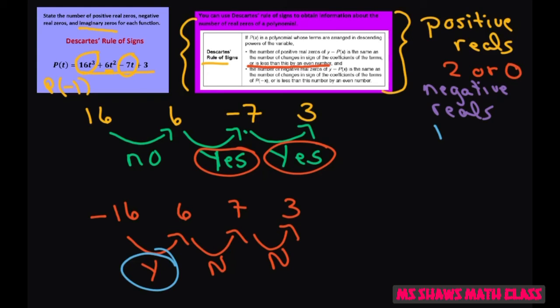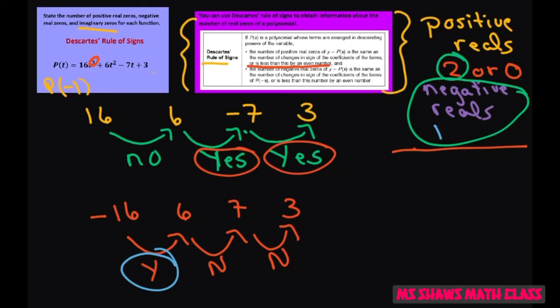All right. Now we can determine the imaginary zeros looking at what we have. Our degree is 3, so we have a total of 3 solutions. We have to have 1 negative, so we only have 2 left.